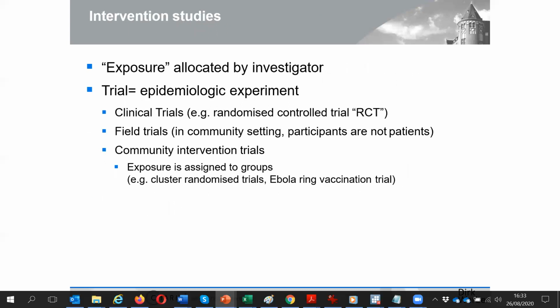Then just a recap again on interventional studies. With interventional studies, as we explained in the previous lecture, exposure is allocated by the investigator. These are also called experimental studies.